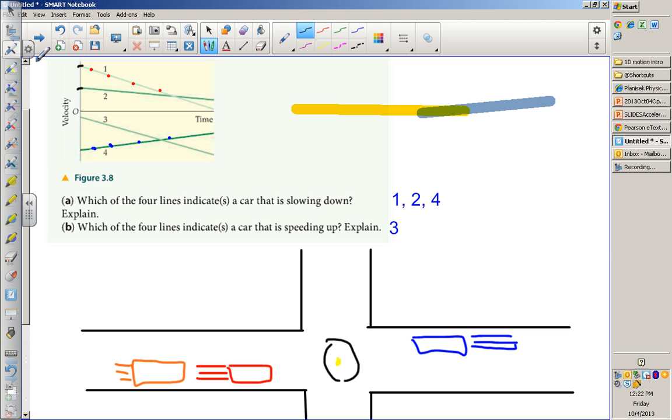Meaning that its acceleration is positive. But physically, what is it doing? Slowing down. Okay? So we can't just blindly say that anytime acceleration is positive, an object speeds up, and every time acceleration is negative, it slows down. It depends on what's going on before that.